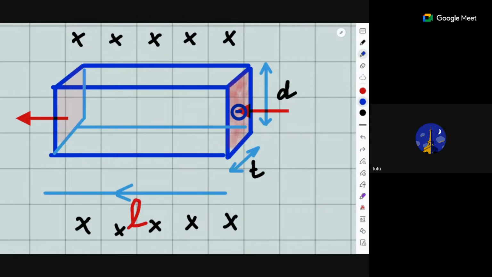Hamzala, are you there? Can you tell me, please? Sir, please may you repeat the question? I'm saying, what would be the direction of drift of these negative charge carriers? Sir, I think to the right side.